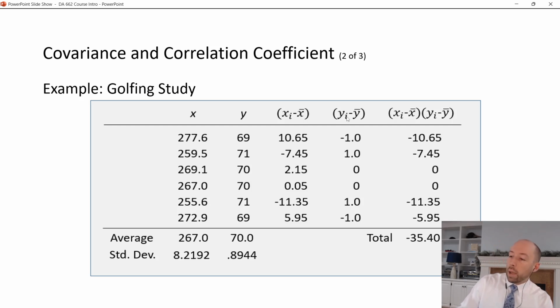Okay? yi minus y bar, well, yi was 69 and y bar was 70, so y minus y bar comes out to -1. Does the sign matter? Yes, it does. Okay. xi minus x bar times yi minus y bar comes out to -10.65 in this case, and then I say I have a -7.45 in the next case, and so on. Add them up, 35.4, and divide by however many there were.